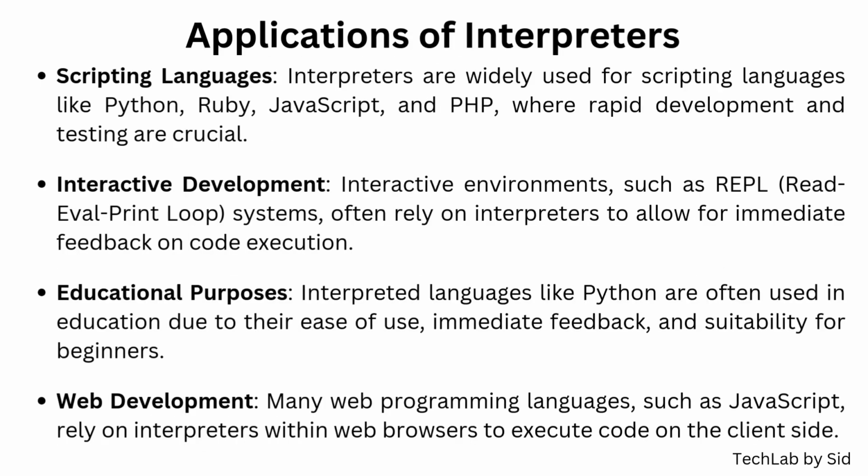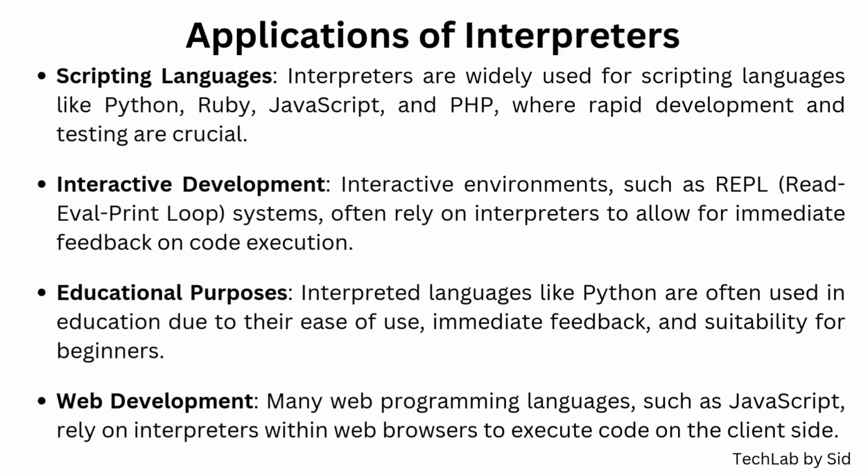Applications of interpreters. Scripting languages. Interpreters are widely used for scripting languages like Python, Ruby, JavaScript, and PHP, where rapid development and testing are crucial. Interactive development. Interactive environments, such as REPL, or read-eval-print loop systems, often rely on interpreters to allow for immediate feedback on code execution.